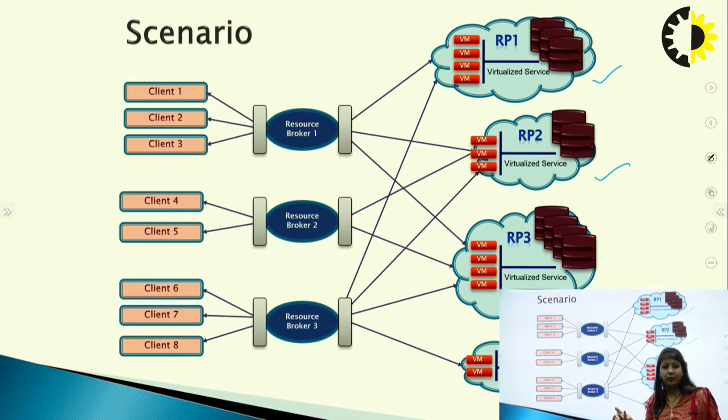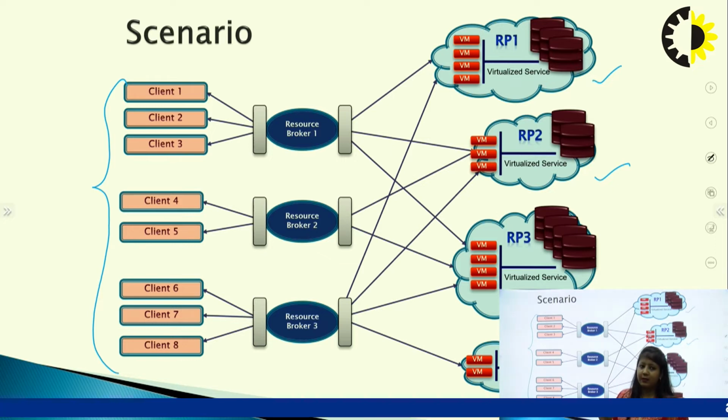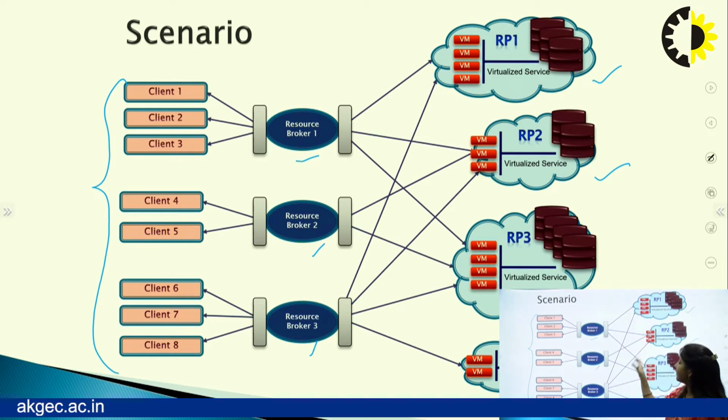Different providers can be there, and these are all the clients which are going to take the services from these providers. In between, we club the provider services so that there is no scarcity of resources, and the client will get the resource in any case. So we have a tie-up with brokers, and these brokers are connected with the different providers.